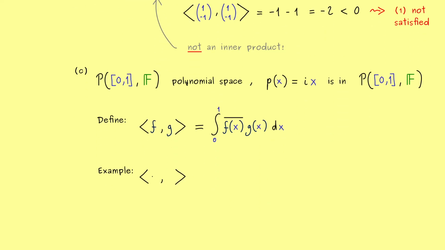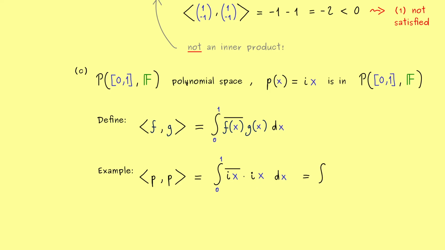But maybe let's do that with the example from above, so let's put in p in both arguments. This means, by definition, inside the integral we have i times x, complex conjugated, times i times x again. So you should see, the integral we have to calculate here is x complex conjugated times x.